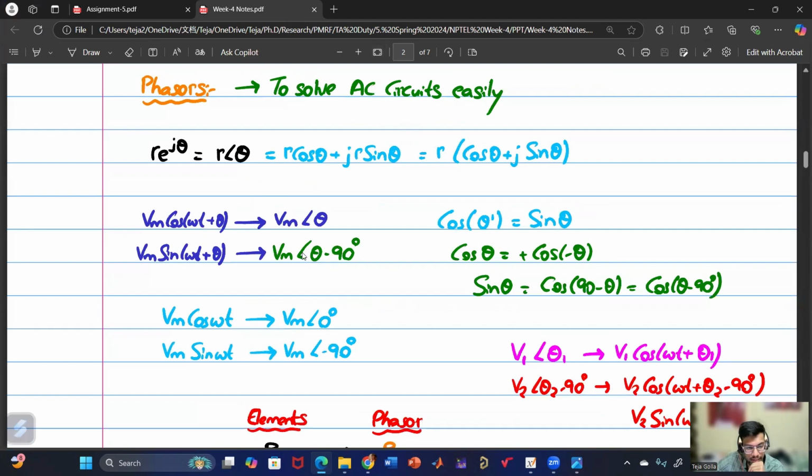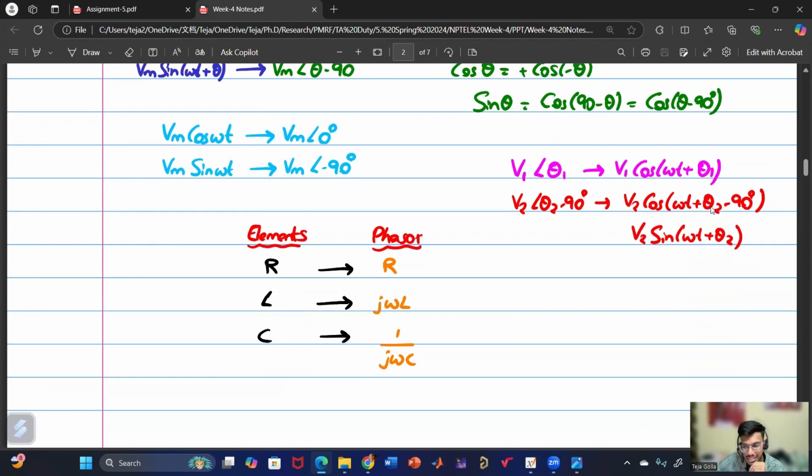So if it is say theta, Vm angle theta, whatever is the angle will be written as cos of omega t plus theta. Say if my angle is theta minus 90 degrees, then it will be cos of omega t plus theta minus 90, right? So I can write it as sine of omega t plus theta 2.